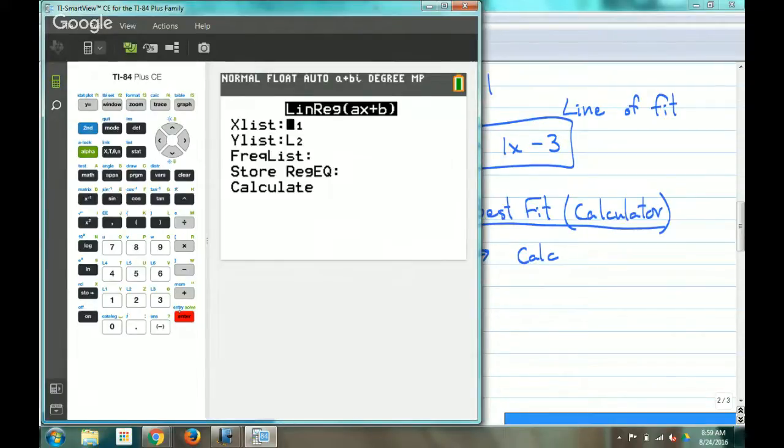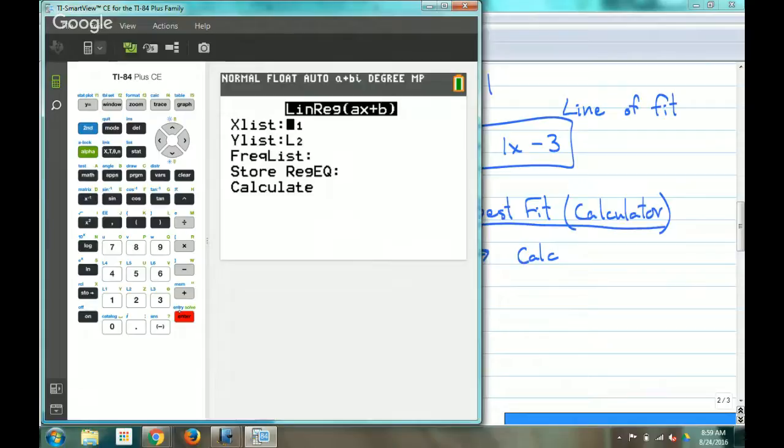I think some of you may be the only ones who've got an 83. You actually have to do less because it defaults to list 1 and list 2. As long as you put your data in list 1 and list 2, it'll work. Okay, so you don't have to actually do anything. Okay, now so list 1, list 2 needs to be there, X and Y list, just like the scatter plot was.